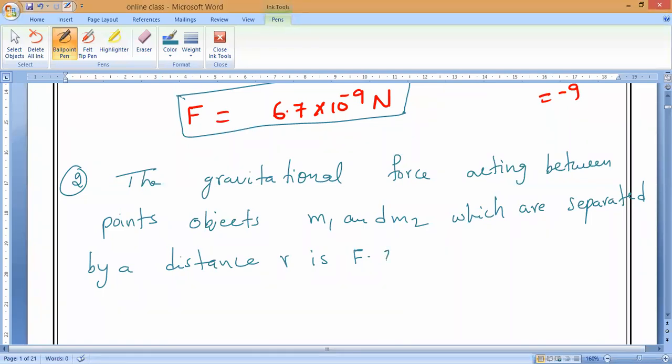So now, what will be the force of gravitation?